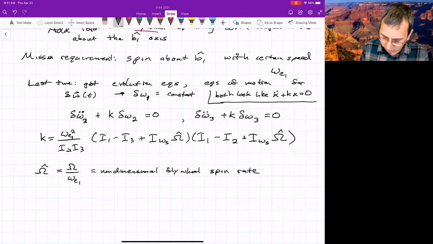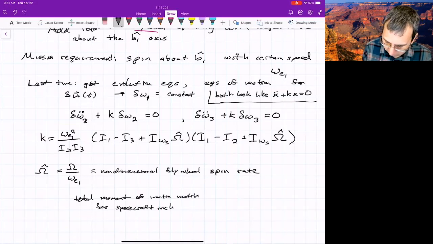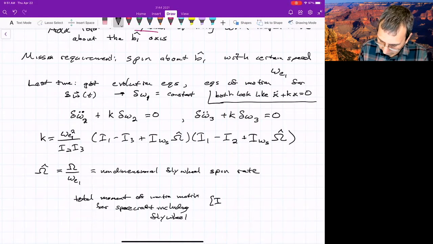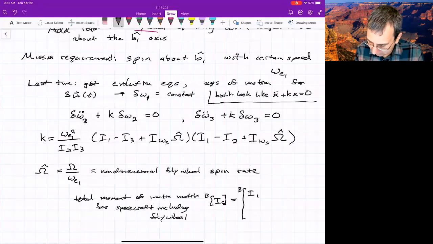What's I1, I2, and I3? So the total moment of inertia matrix. This is for the spacecraft, including the flywheel. We could write that as just I, and it's about the center of mass, but since everything's going to be about the center of mass, I might not even put the subscript C. And because we've chosen a body-fixed principal axis frame, I1, I2, and I3 are along the diagonal.